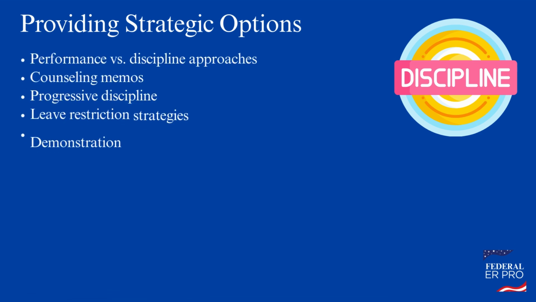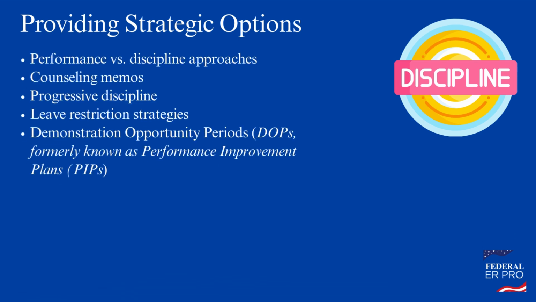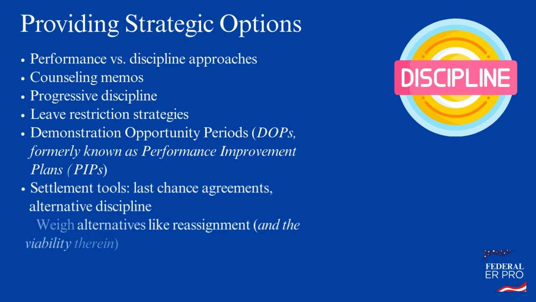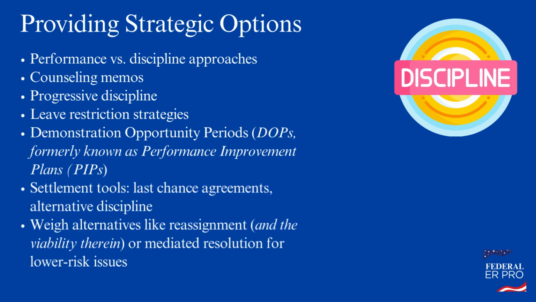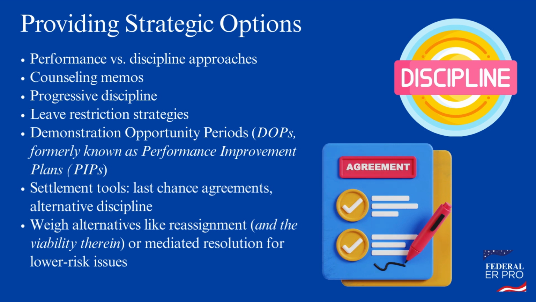Providing strategic options. Every issue has more than one path. Your role is to present the full spectrum, from coaching and following up with an email, to document the situation, to progressive discipline, which can sometimes result in removal from employment. Consider alternative tools like reassignment and the viability of such a move, or mediation.